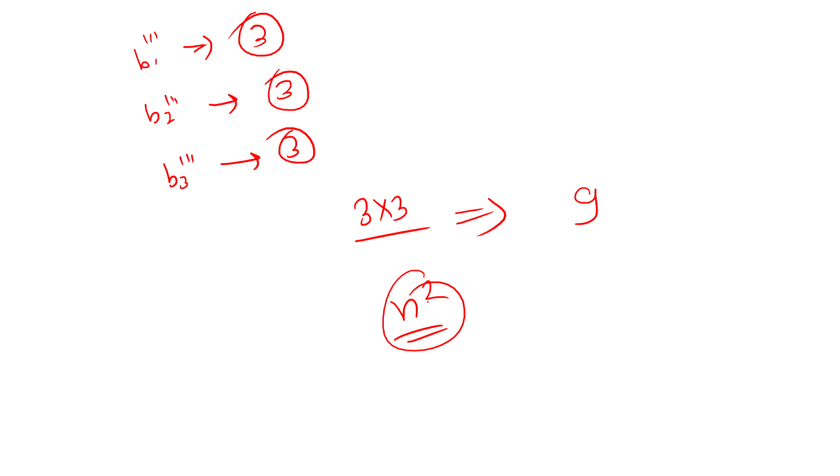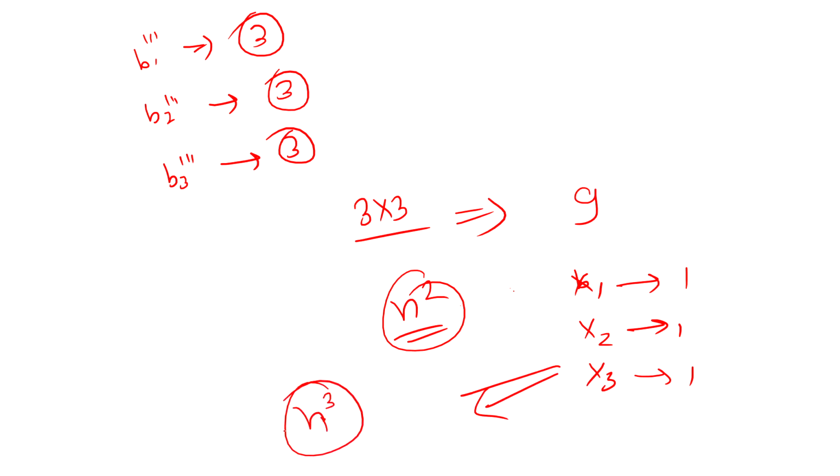Now this is order of n to the power 2, but since I need to calculate x1, x2 and x3 also, there is one operation at the end for each. Sorry, let us not count that, because here we are not doing any operation as such, this is like equating only.